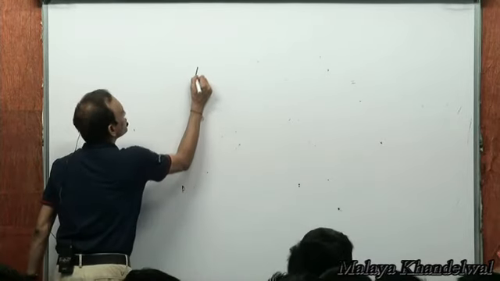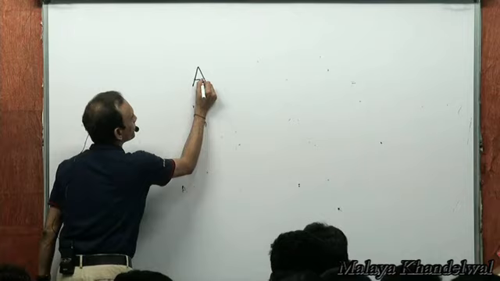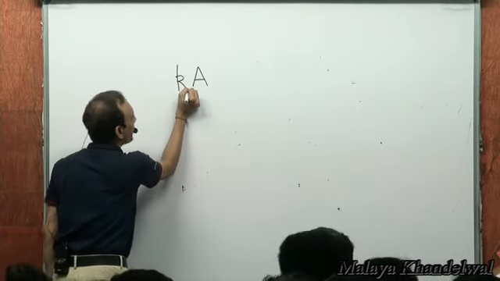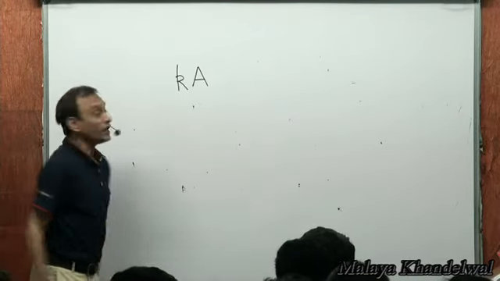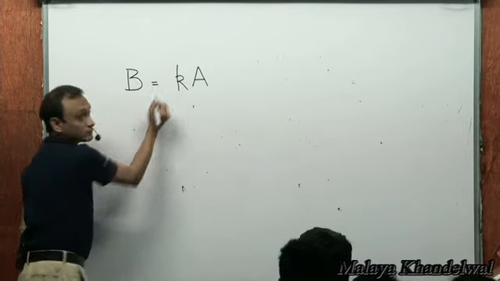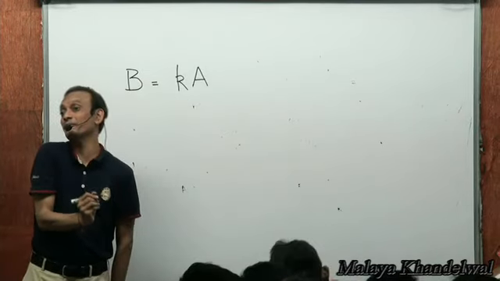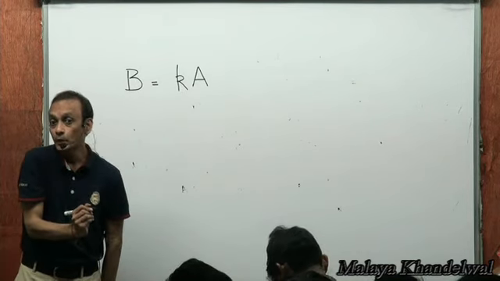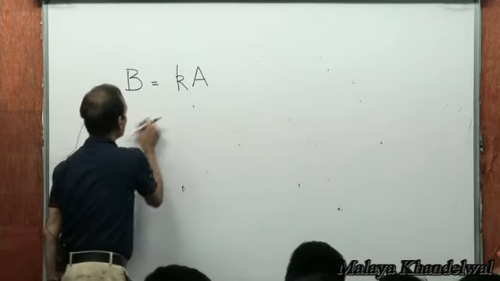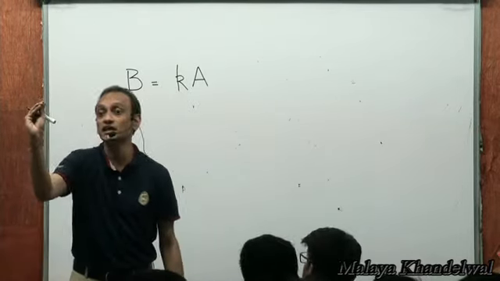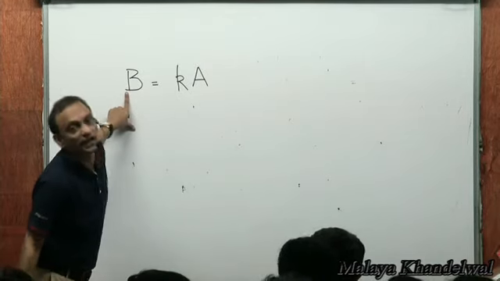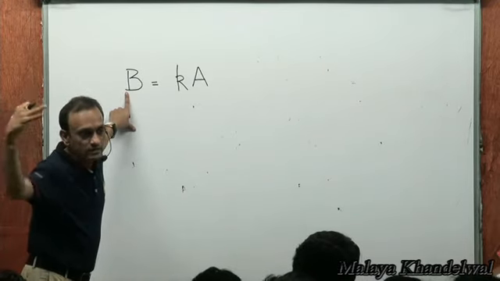So, if I have a matrix A and I multiply it with a scalar k, then it produces an output which would be a matrix B, where k is a scalar. Just like when you multiply a vector with a scalar, the output would be a vector. A matrix when multiplied with a scalar, the output would be another matrix, similar to a vector.